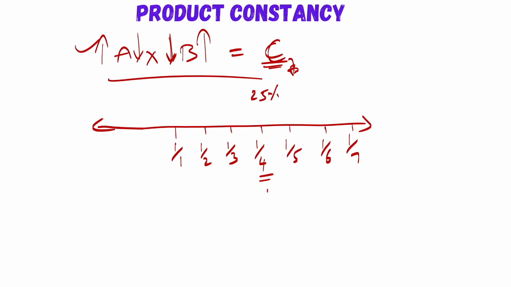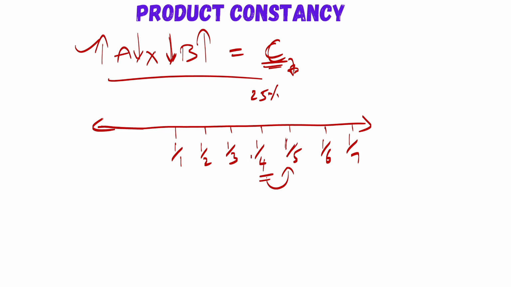If A is increased by 1 by 4, then by how much percent must B be decreased so that C will be constant? To find this, you just move one step towards the right side.